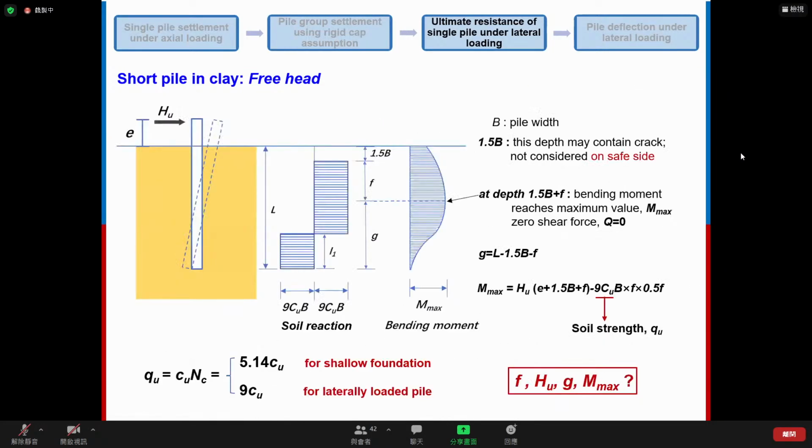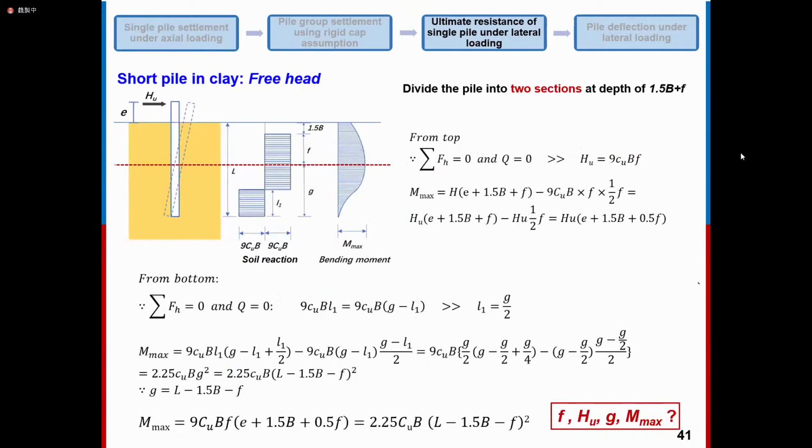All the following slides show you the many equations to calculate the ultimate moment and ultimate horizontal force.